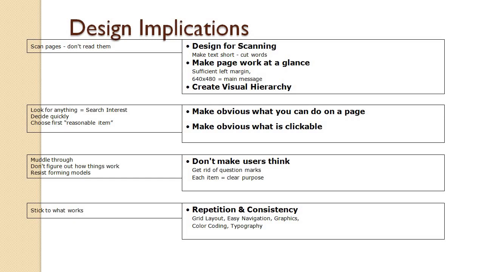Repetition and consistency, grid layout, easy navigation, graphics, color coding, typography. Resistant forming model, don't make users think. Get rid of question marks, each item has a clear purpose, make it obvious what you can do on a page, what is clickable.